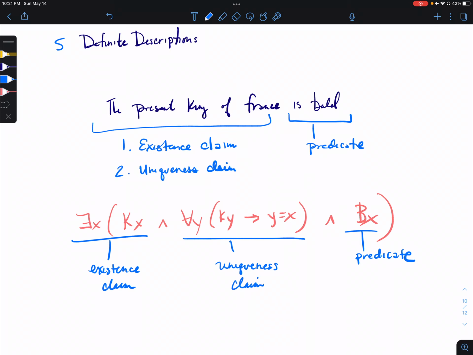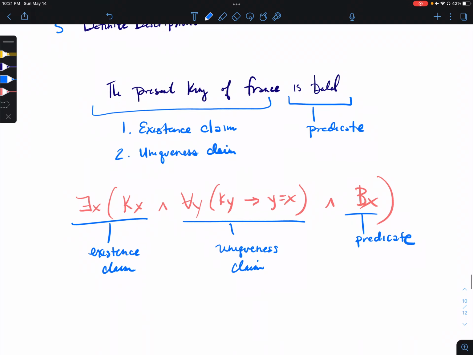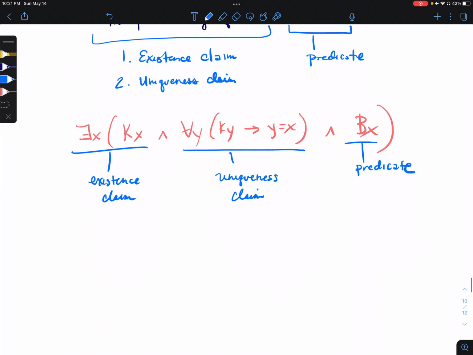Okay, and so all that's left to do is to show how both the present King of France is bald and the present King of France is not bald are both false. Well, by expressing it this way, we have three conjuncts.